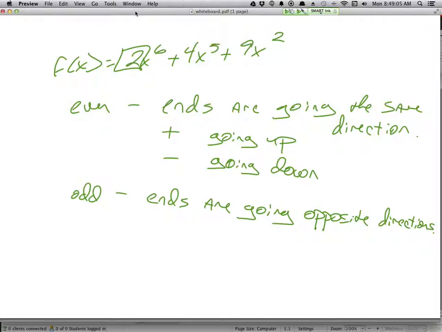Okay, what about if it's an odd? What do you think happens if I'm positive on an odd? If it's odd, that means my ends are going opposite directions. The left one's going to be down and the right one's going to be up if it is odd and positive, so the right side goes up.